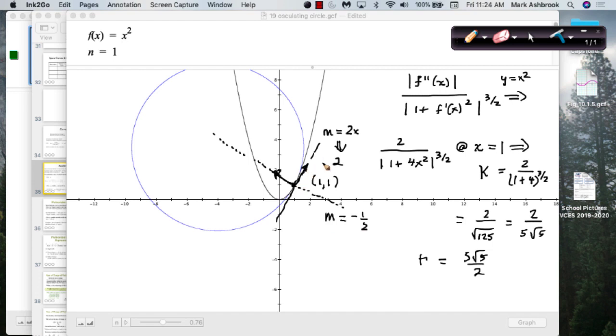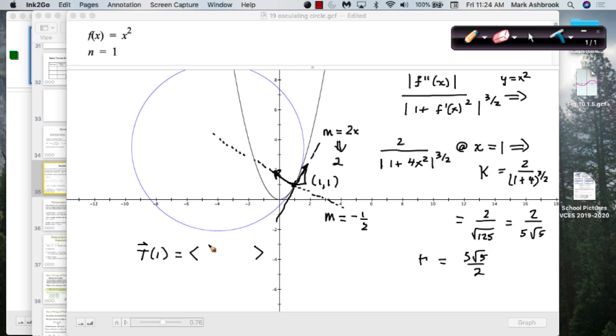What is the unit tangent vector then? If the slope is 2, what would the unit tangent vector be? So the unit tangent at x equals 1, the slope is 2. What does that mean? Up 2 over 1. Okay. So it would be 1, 2.